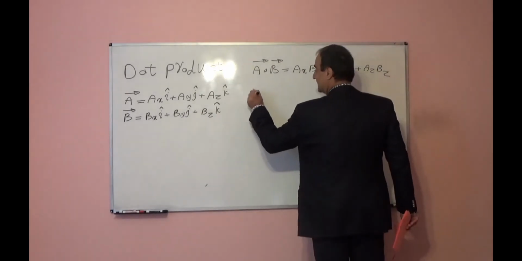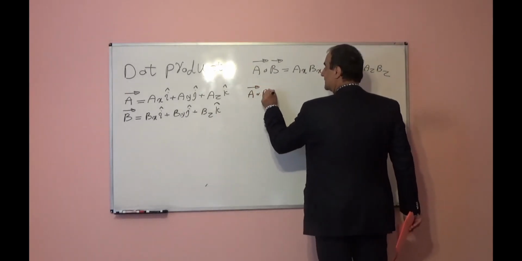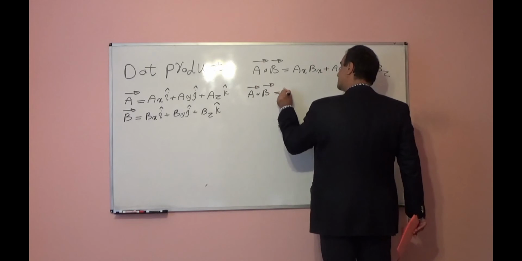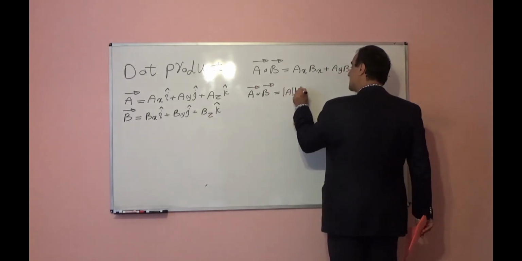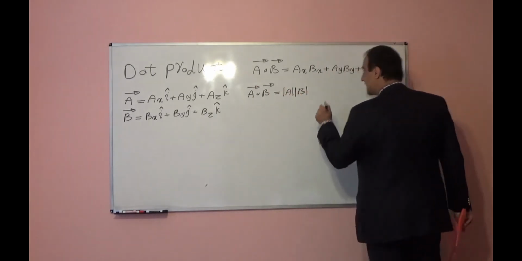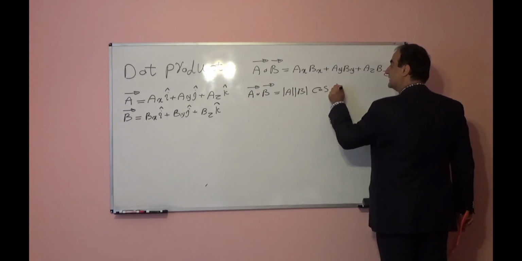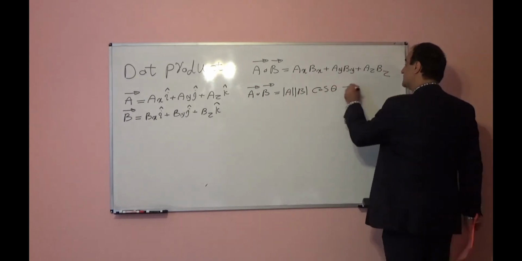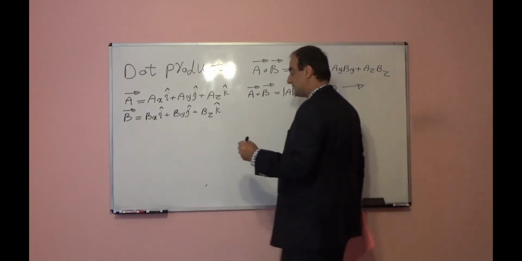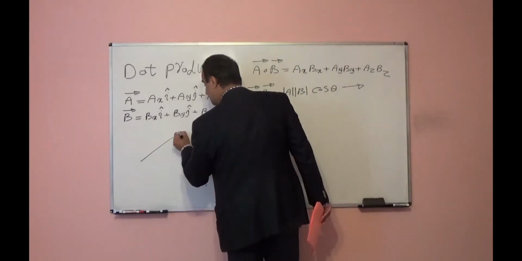On the other hand, A dot B is equal to the magnitude of A times the magnitude of B times the cosine of the angle between A and B. So from here I can find the angle between the two vectors.